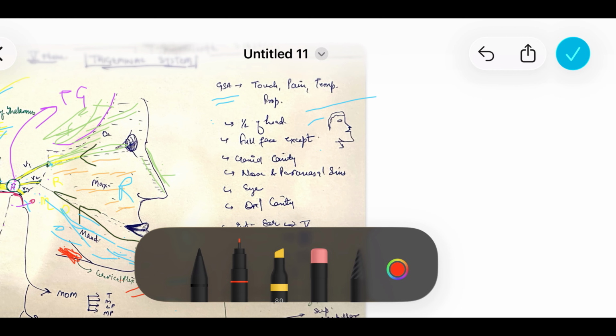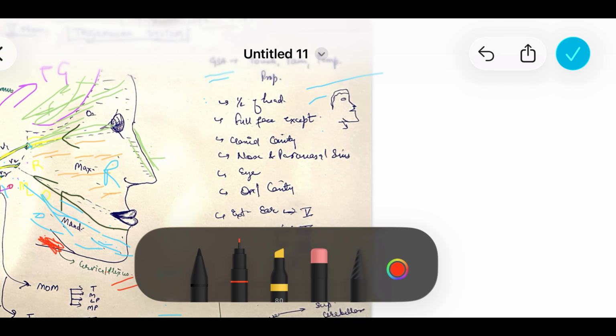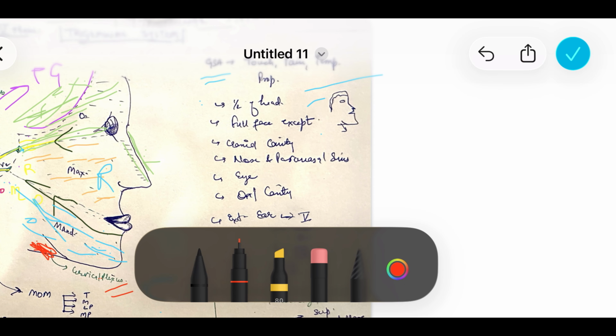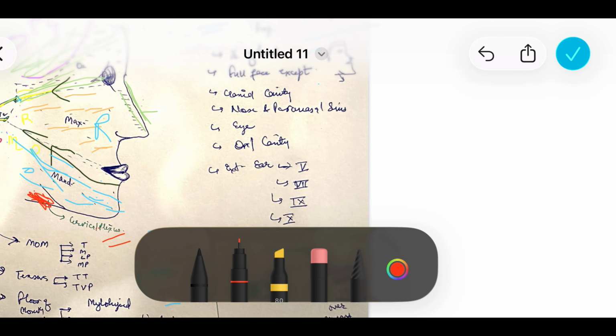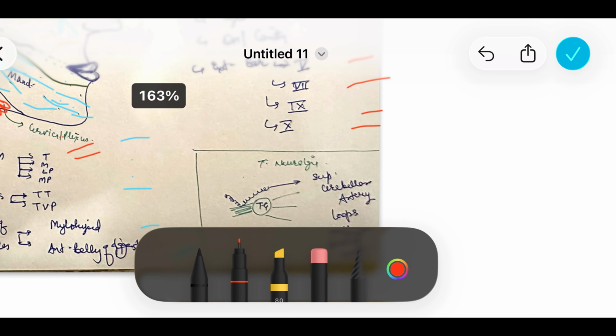The rest of the sensations from the face are carried by the trigeminal nerve. Cranial cavity, nose and paranasal sinus, eye, oral cavity, external ear. Remember, the external ear has four nerve innervations, that is the fifth nerve, facial nerve, glossopharyngeal, and vagus nerve.